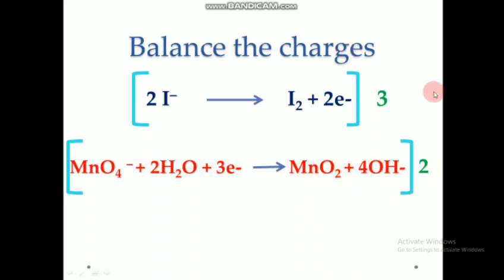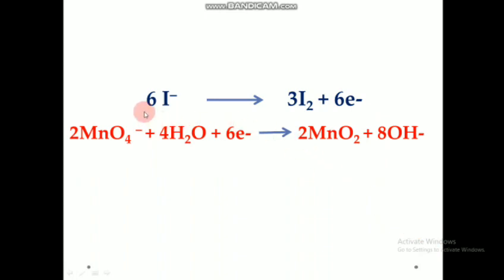So like that the equation will change. And now the last step, which is adding the reactions. The equation becomes 6I minus gives 3I2 plus 6 electrons, multiplied by 3, and we multiply the other equation by 2. So we got 2 MnO4 minus plus 4H2O plus 6 electrons gives 2 MnO2 plus 8OH minus.